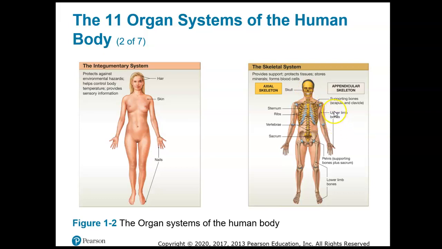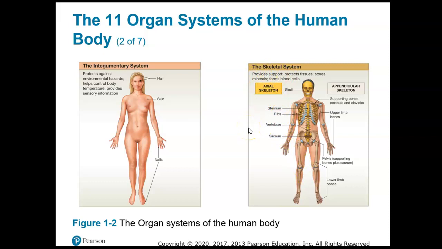And the appendicular skeleton are going to include the bones of the pectoral girdle, which is your collarbone and your shoulder blade. We call those the clavicle and the scapula. And then the bones of your pelvic girdle, your pelvic bones, your arm and your leg bones, your fingers, your toes. And the functions are listed here.